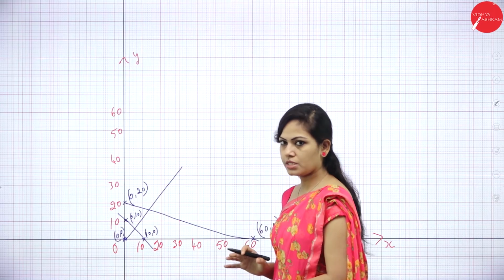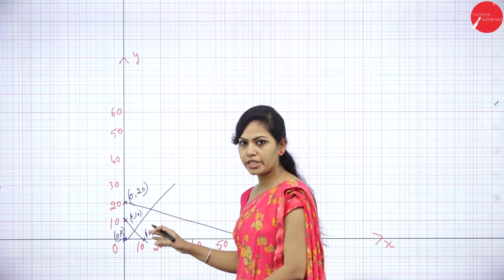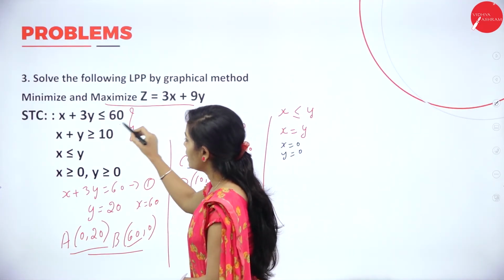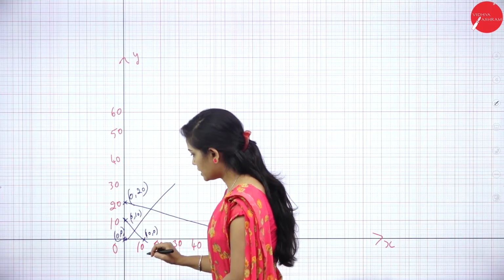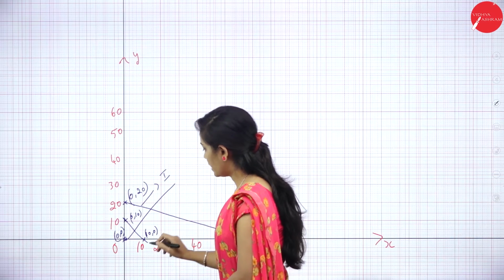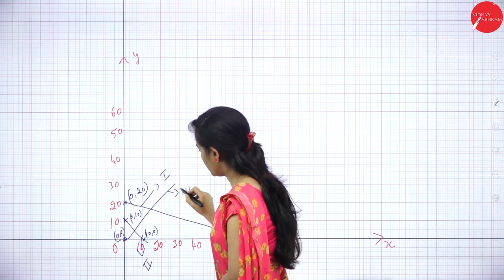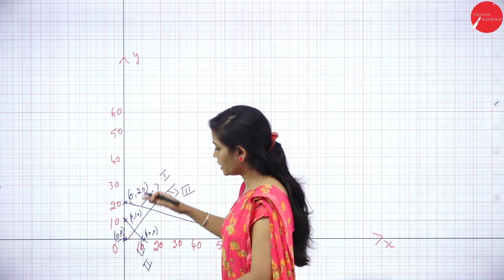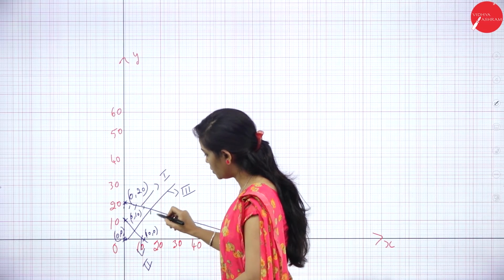You can observe this now. Is there any feasible region? Yes, we have a feasible region. So this is the first constraint, this is the second constraint and this is the third constraint. The first constraint is less than or equal to 60, which means it is towards the region.